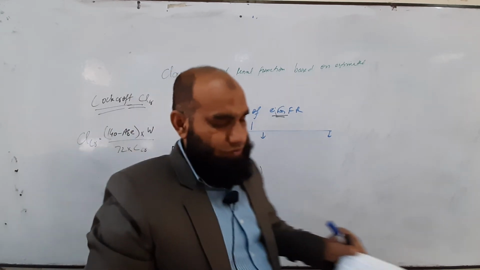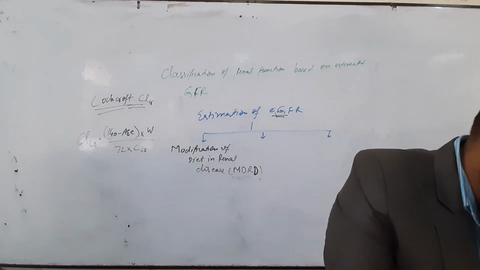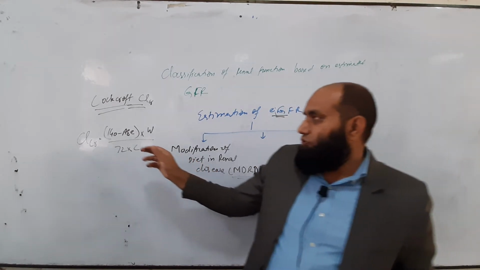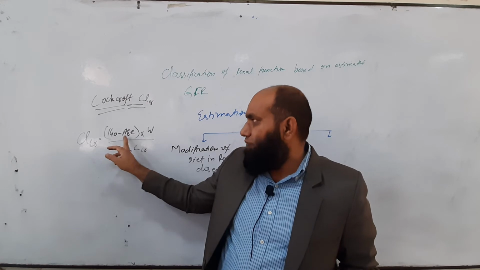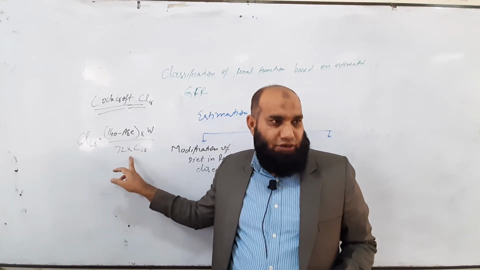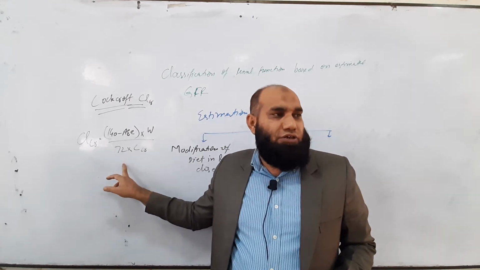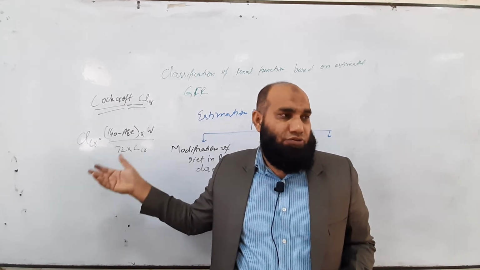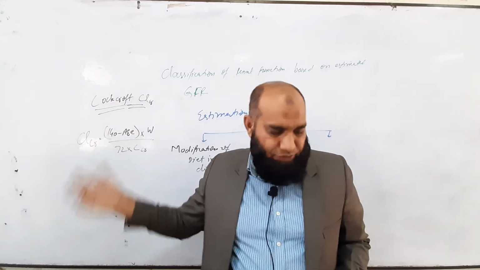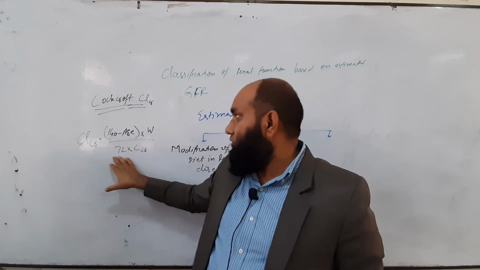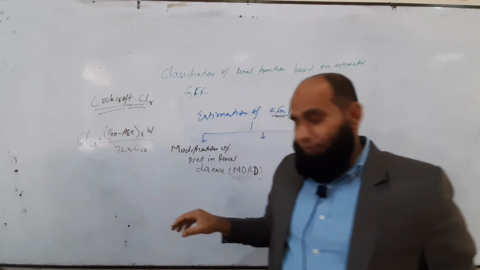This was the formula which I have already written in my previous class, and we know what parameters we require. One is age, the other is weight, and creatinine concentration. We can also assume the normal ranges for male and female, and then we can calculate this creatinine clearance value by using this formula.